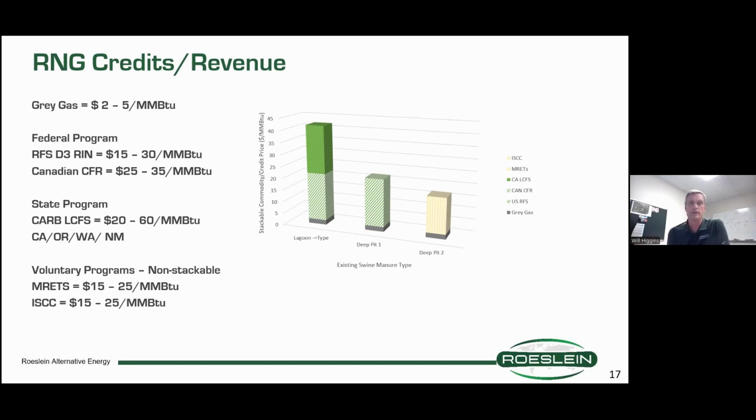You could negotiate a deal with them to sell it through the MRETS program or the ISCC program, and get a price if it didn't qualify, or maybe you can get a better price through the voluntary program than you can from a state or federal program. So those are all decisions that are made as we're developing the projects to try to understand what outlets we might have for the RNG.